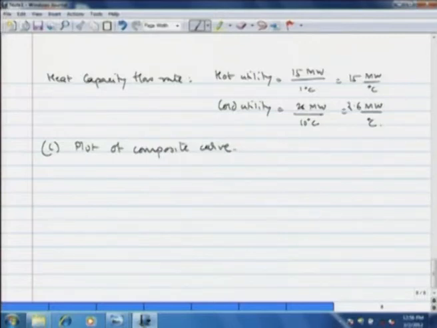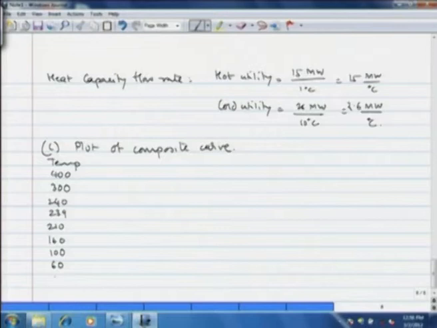Now here we give the direct temperature interval. The highest temperature is 400, 300, thereafter 240, 239 of steam, thereafter 210, 160, 100, 60, 40, 30 and 20.